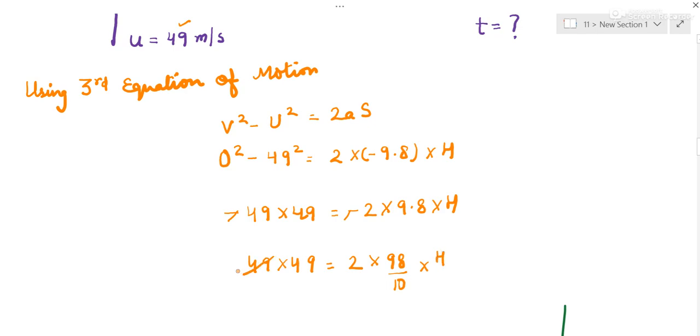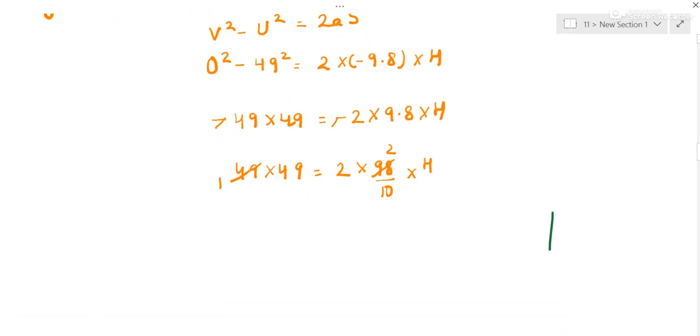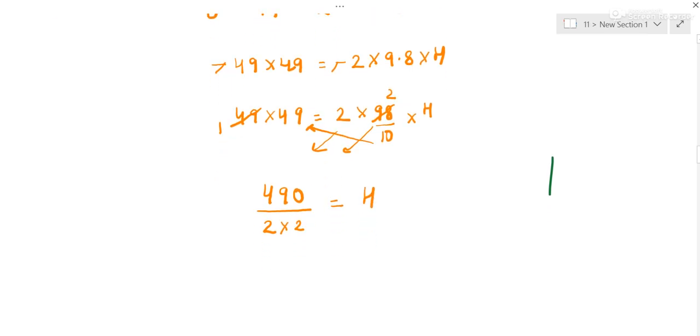So it's 49 ones and this is 49 twos. So basically 10 will come up and this 2 and 2 will come down. So it's 490 upon 2 into 2. So it will come as height. So you can divide this and this is the height achieved in meters.